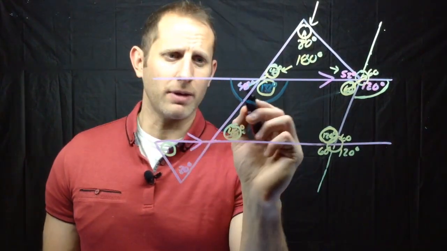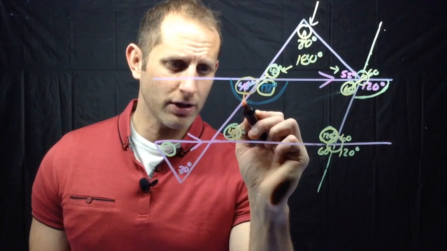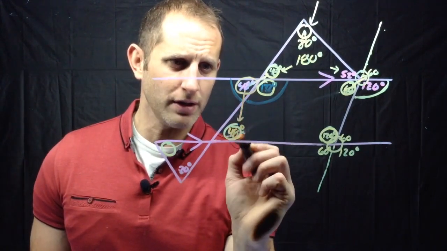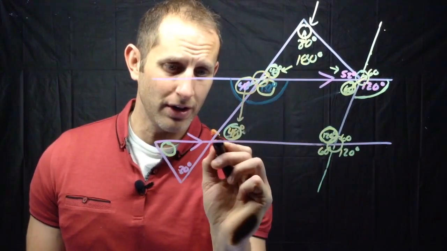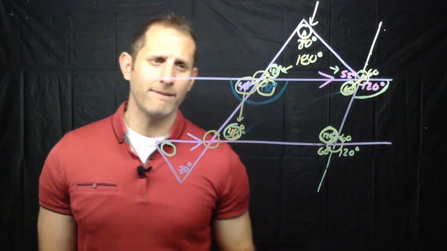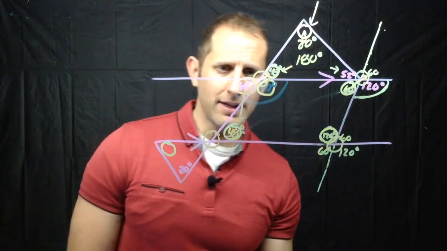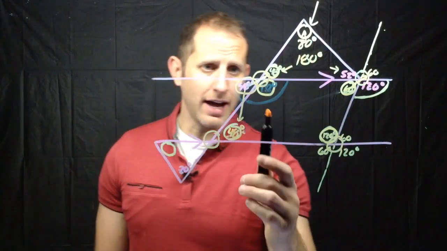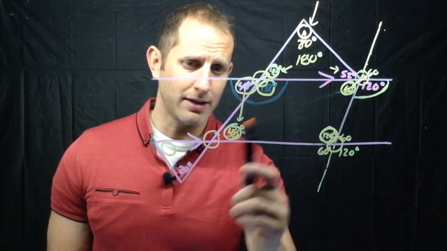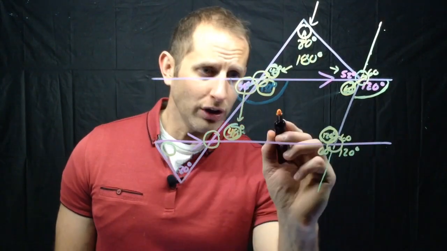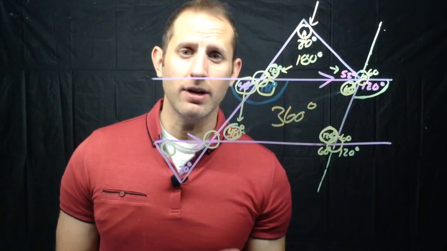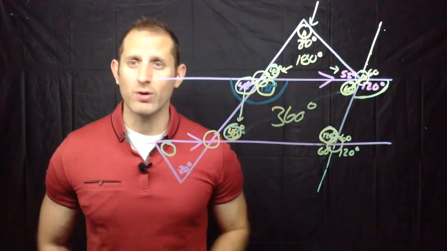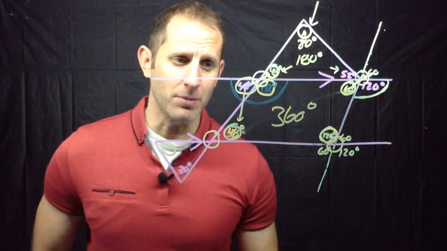And it's interesting because this 48, just coming across here, is going to be equal to this 48 because these angles are going to be the same as well. So now if I add these together, I have 132 and 120 and 60 and 48, and all of it together equals 360 degrees. So I know without even using a protractor that those have to be the correct measurements.